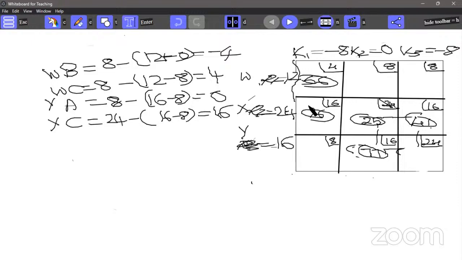Yeah. Where is improvement possible? WB. Can you see the difference? Last time we got all negative numbers, but this time only one is negative, isn't it? So next time we won't get even that one also. So that will be the optimal solution.